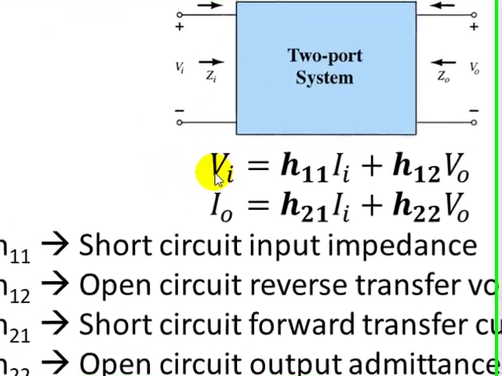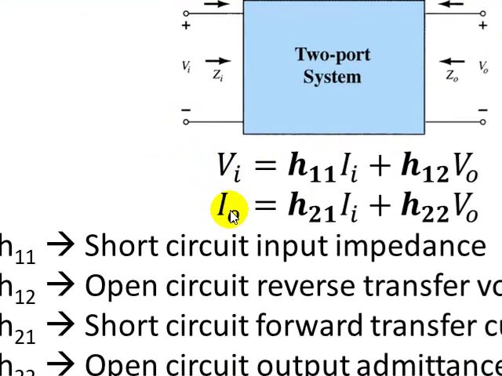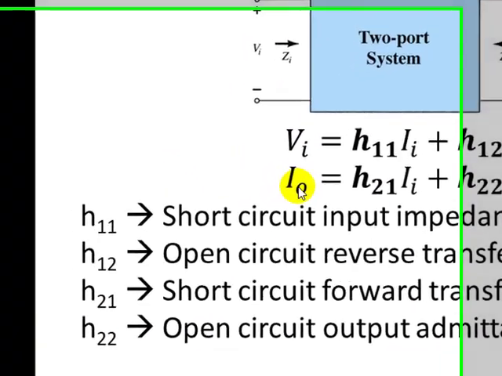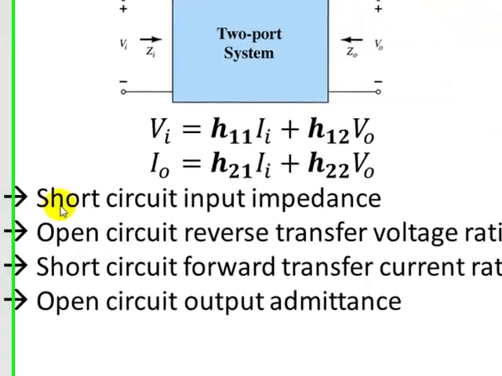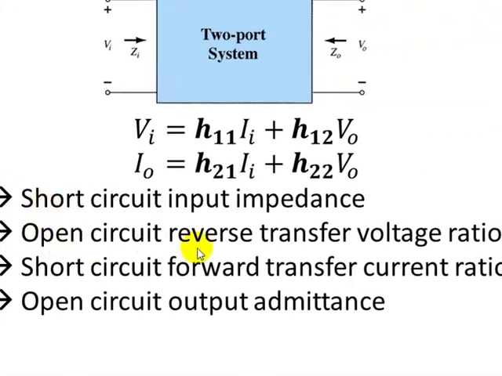Vi is the input variable and I0 is the output variable. And these parameters H11, H12, H21, H22 are defined as short circuit input impedance, open circuit reverse transfer voltage ratio, short circuit forward transfer current ratio, and open circuit output admittance respectively.